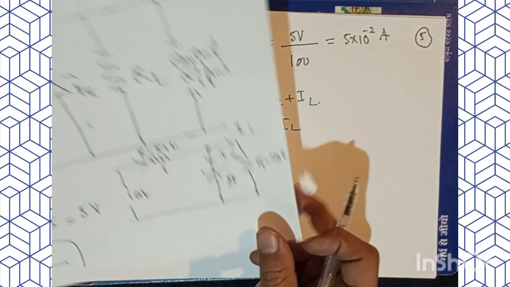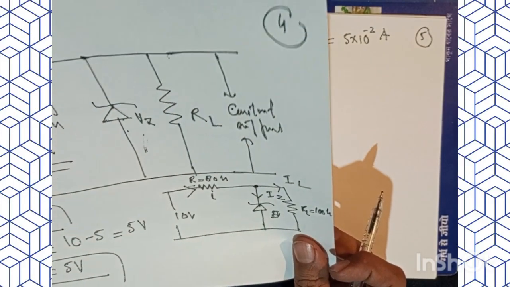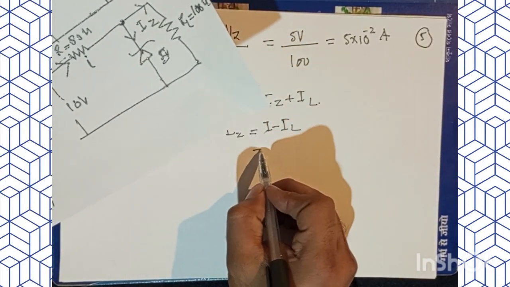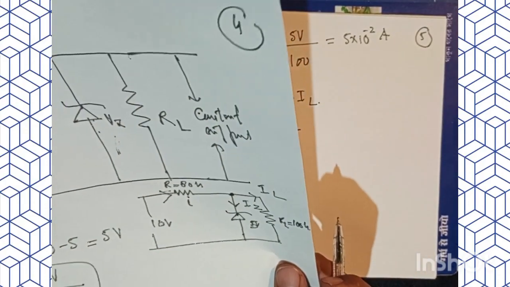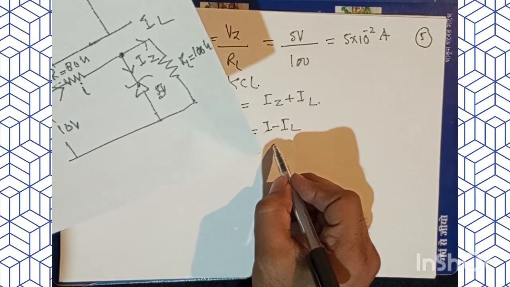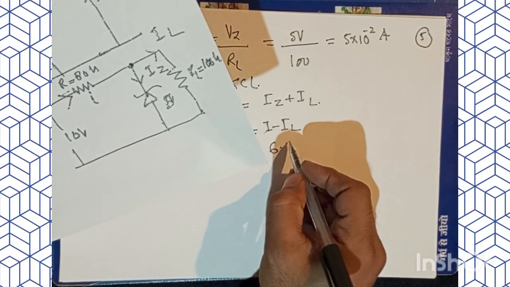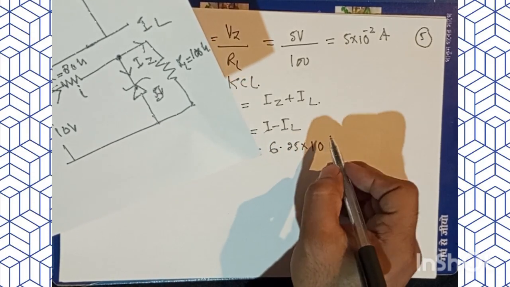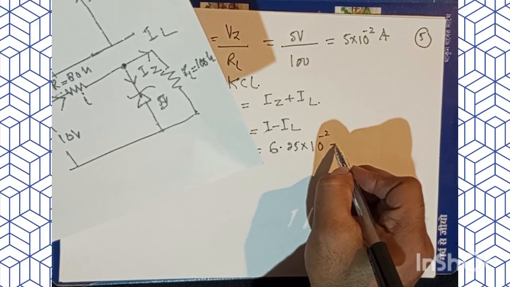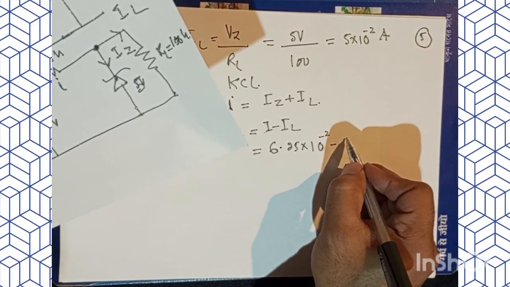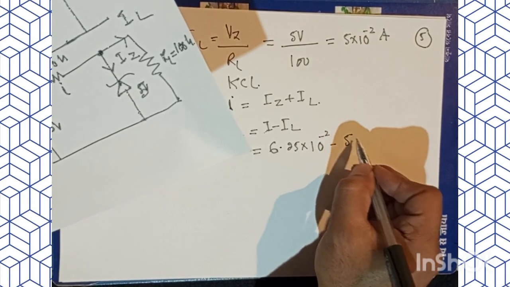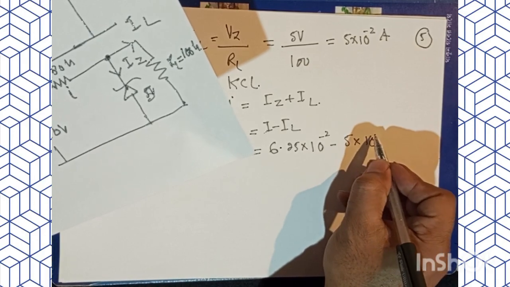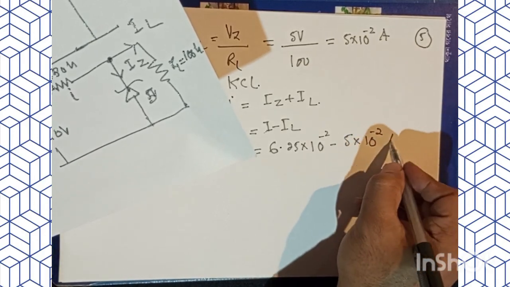Now, how much is I for the given problem? That is going to be 6.25 into 10 to the power of minus 2, minus the current that passes through the load, which is 5 into 10 to the power of minus 2 amperes.